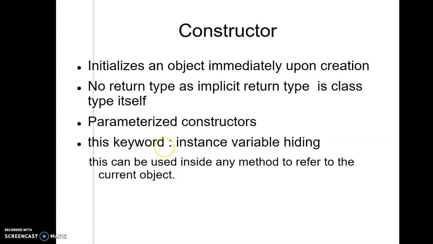The next thing is the this keyword. The this keyword refers to the current instance. You can use the this keyword in a method whenever we want to refer to the current object.